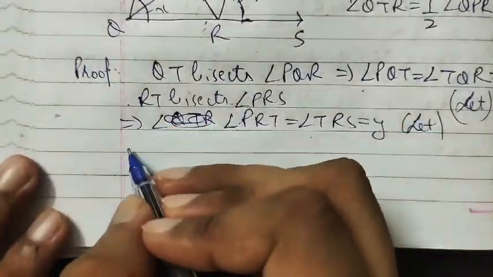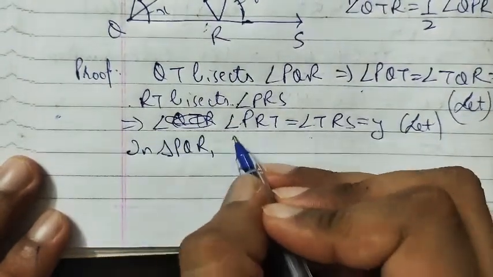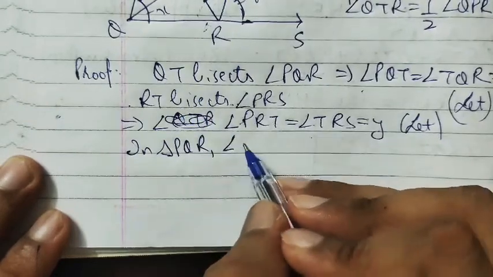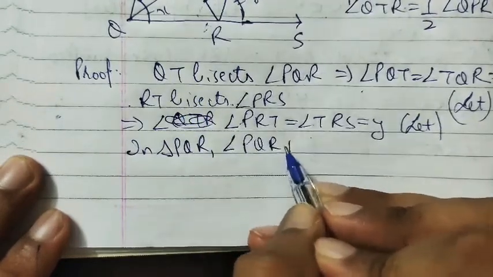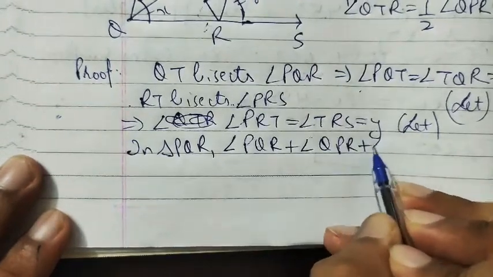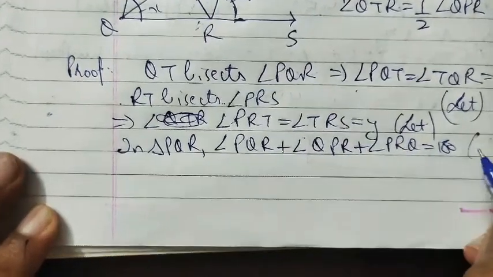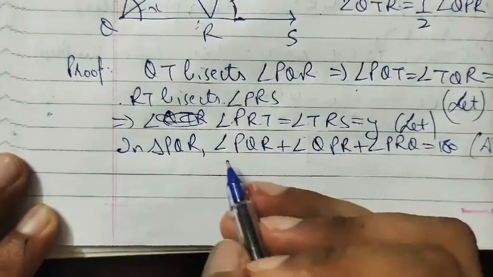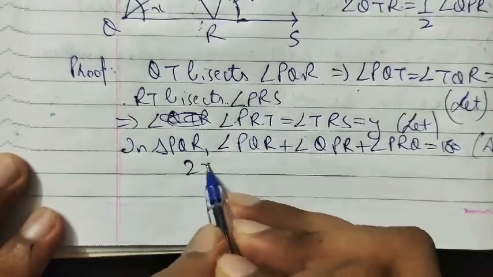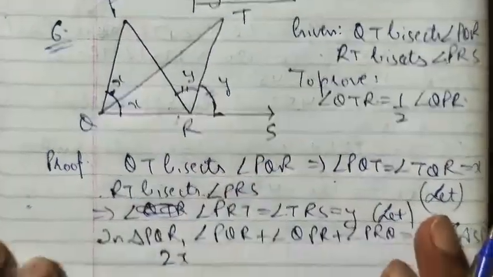So in triangle PQR, we can say angle PQR plus angle QPR plus angle PRQ is equal to 180. Reason is angle sum property. Now look carefully. So PQR is x plus x, 2x, right? PQR is this angle, x plus x is 2x, right?